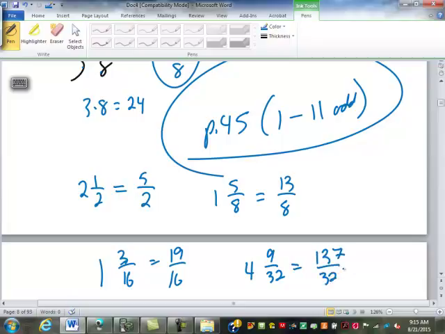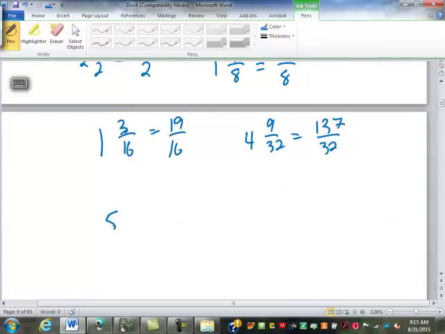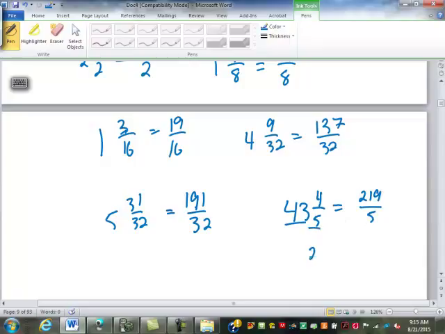Good. 5 31/32, 191/32. And finally, 43 4/5. Okay. 43 times 5 is 215, plus 4 is 219/5. Anybody have any questions on those?